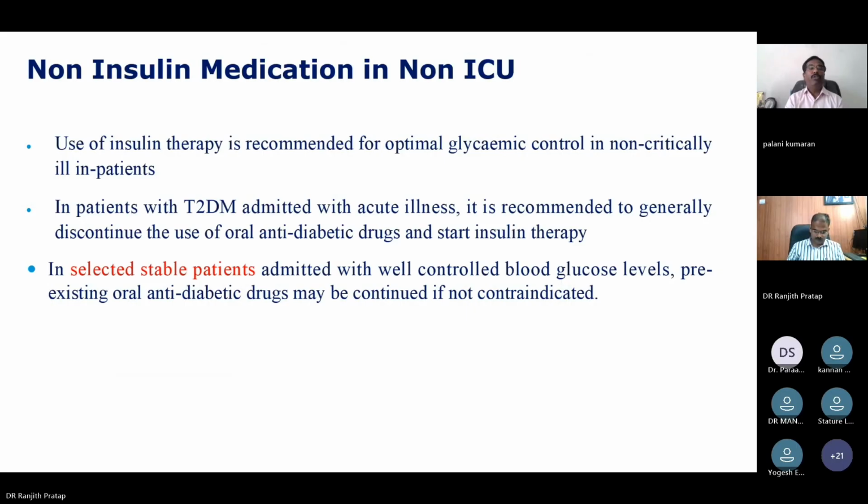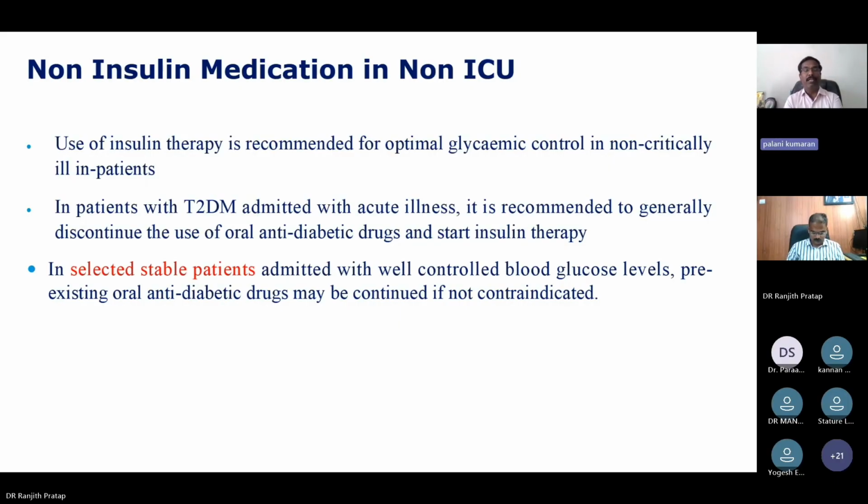Next slide, please. Coming to the non-insulin medications, apart from insulin, in non-critical care. Insulin therapy is recommended for optimal glycemic control in non-critically ill patients. But in patients with mild hyperglycemia, in selected stable patients, we can add on OAD along with basal insulin, or we can add on prandial insulin with OAD.